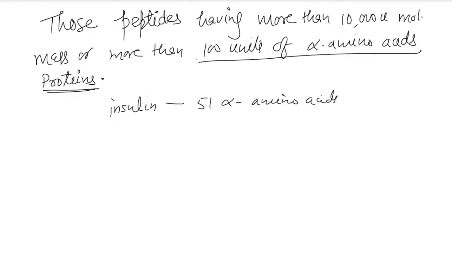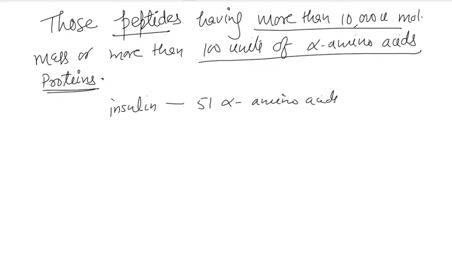These are complex nitrogenous organic compounds. So distinction between polypeptide and protein is not very sharp. But for the sake of convenience, we should write it as the peptides having more than 10,000 molecular mass. That is called a protein.